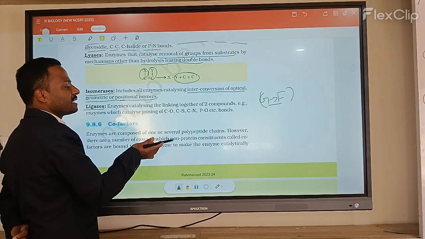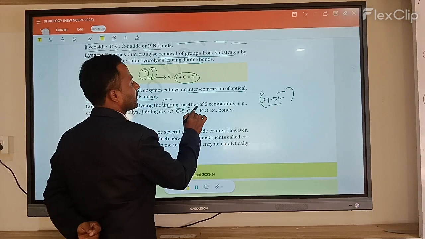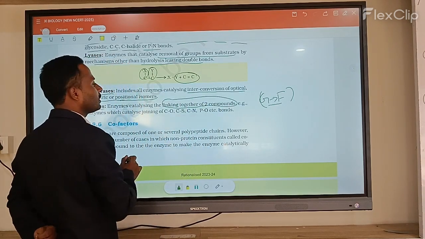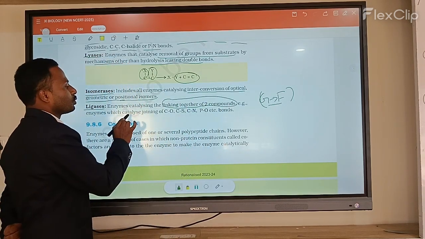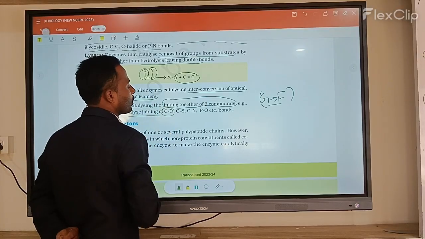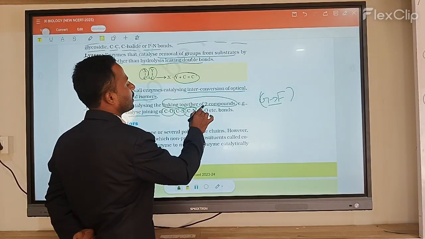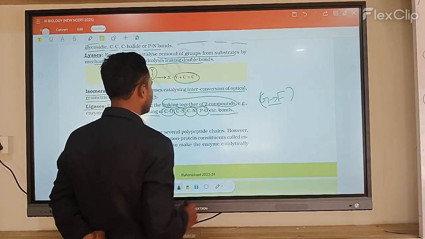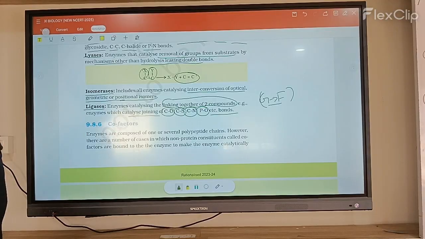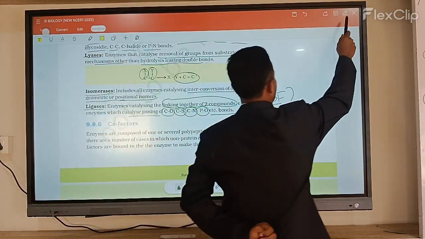Ligase enzymes help in linking together two components. They catalyze the joining of carbon-oxygen bonds, carbon-sulfur bonds, carbon-nitrogen bonds and phosphorus-oxygen bonds, etc. So these are the different classifications of enzymes.